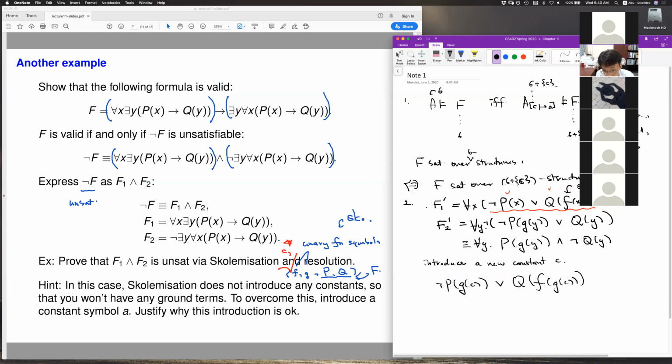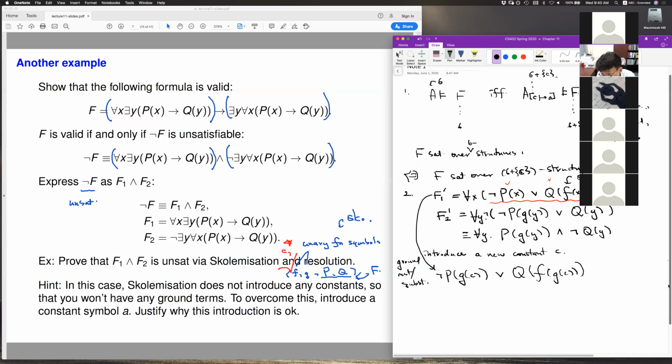Okay, so that's coming from f1 prime by ground substitution, or instantiation.